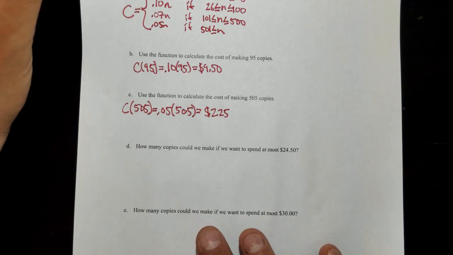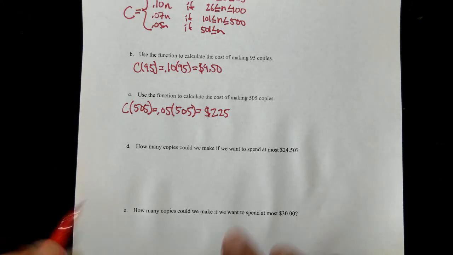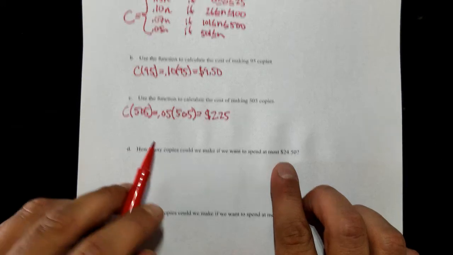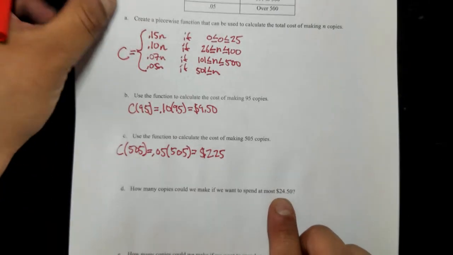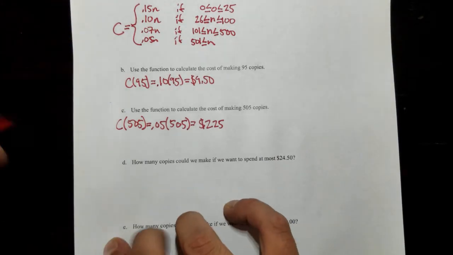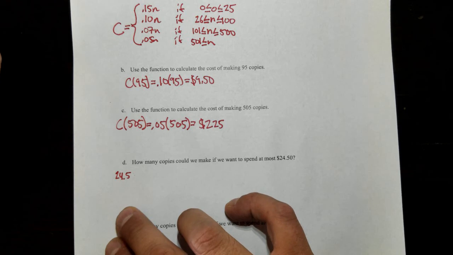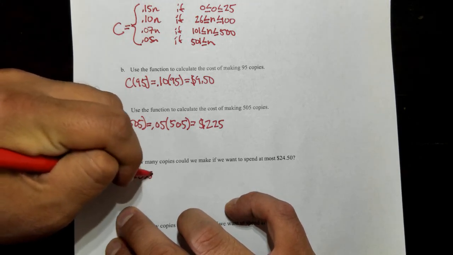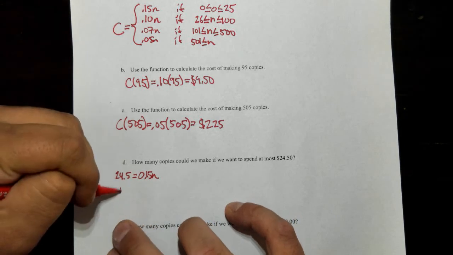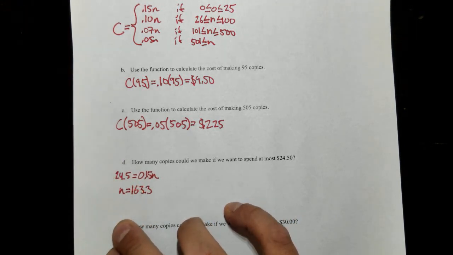And then D, how many copies could we make if we want to spend at most $24.50? We're going to try every rule and see what happens to the domain. We set each rule equal to 24.50. If 24.5 equals 0.15n, then solving for n gives 163.3 copies.